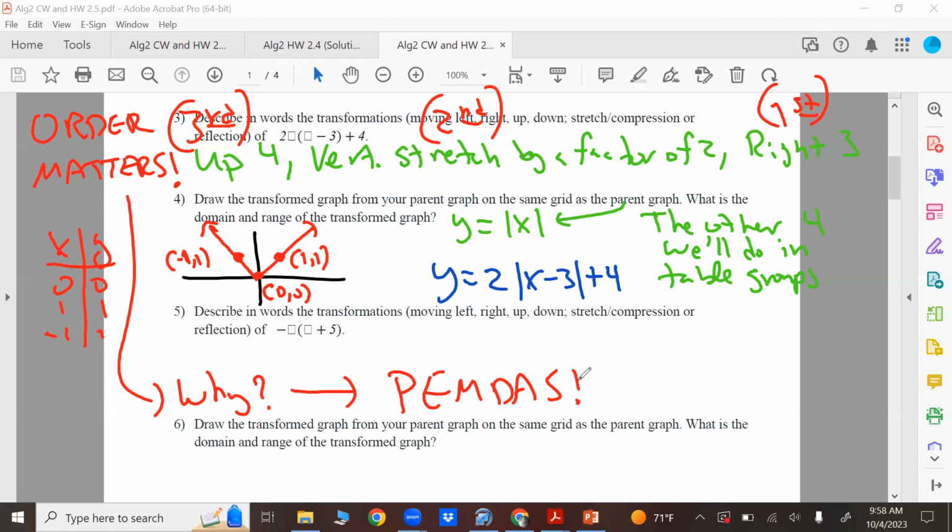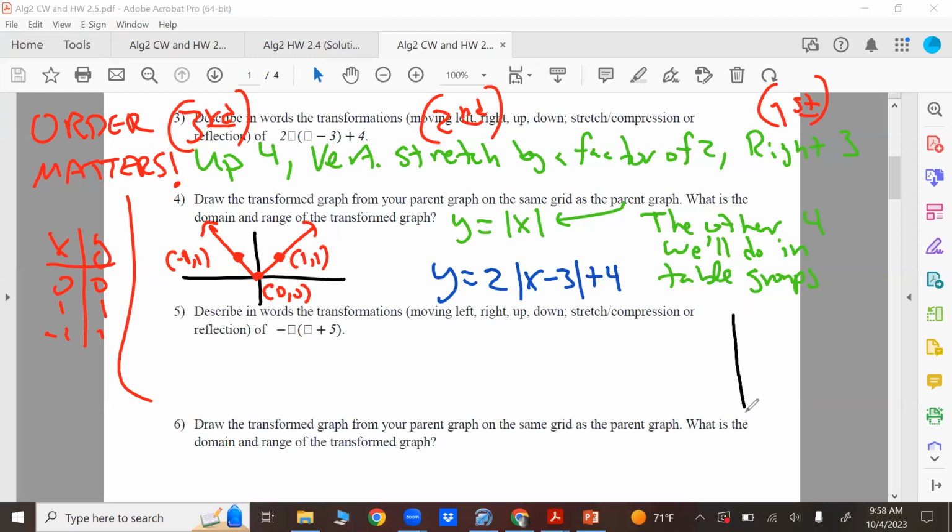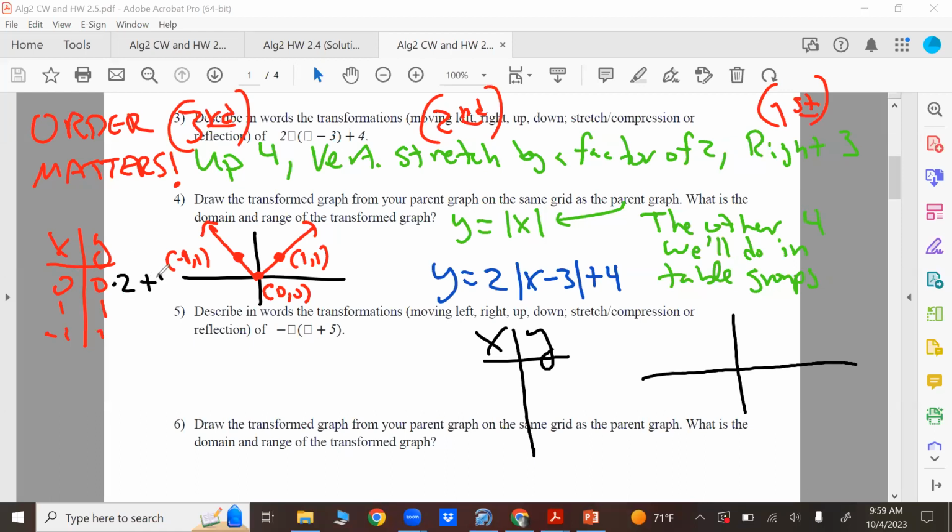So now, when I draw the transformed graph, it's going to look like this. I'll do a new coordinate plane because it's getting a little busy. I'll do it down here. Okay, so my new table. I have to multiply each of these by 2, then add 4.